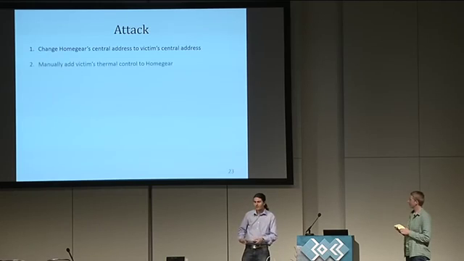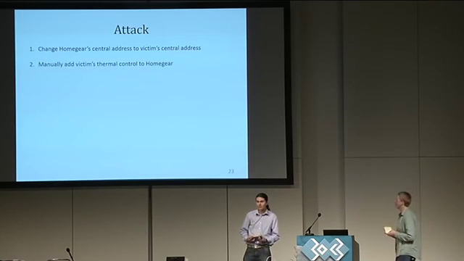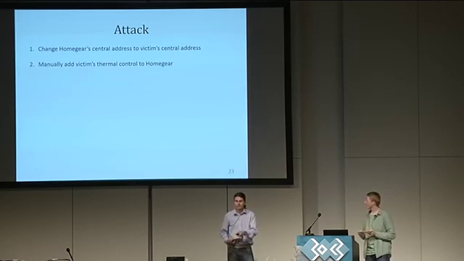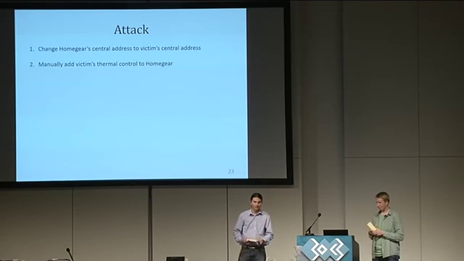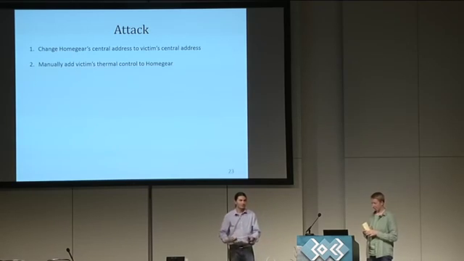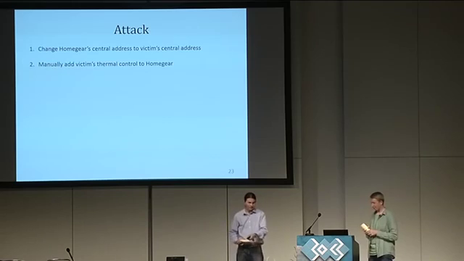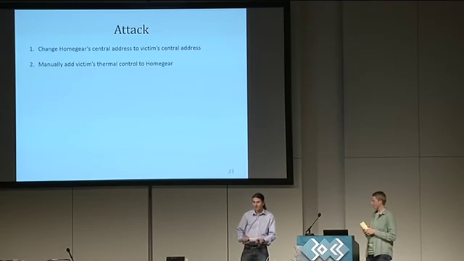Then we have to manually add the victim's thermal control to HomeGear in order to make HomeGear manage the timing of the attack, because manually you can hardly hit the 250 milliseconds window.